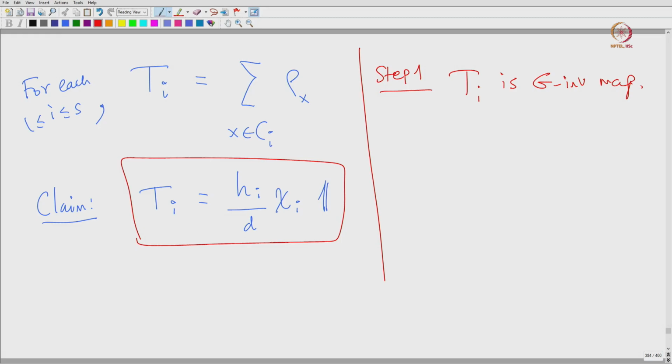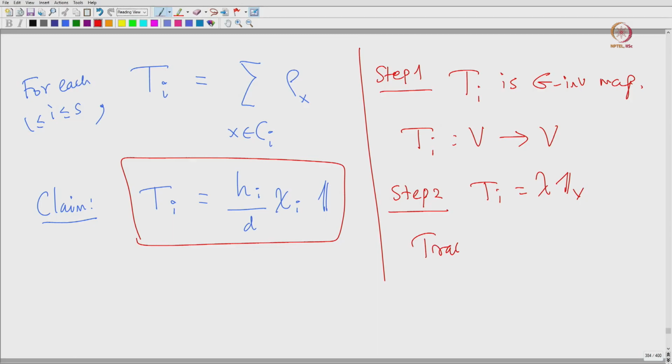Since it is a G-invariant map from the representation to itself, calling V the representation, as step 2, T_i must be lambda times identity on this representation V. In particular, we can compute this lambda using the trace technique.